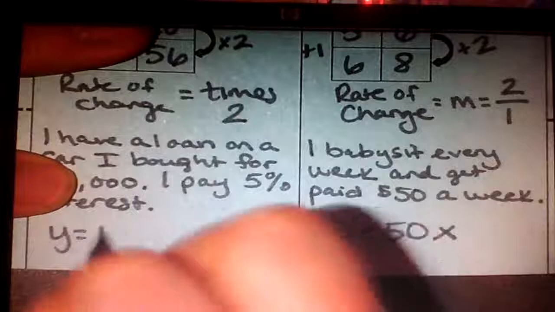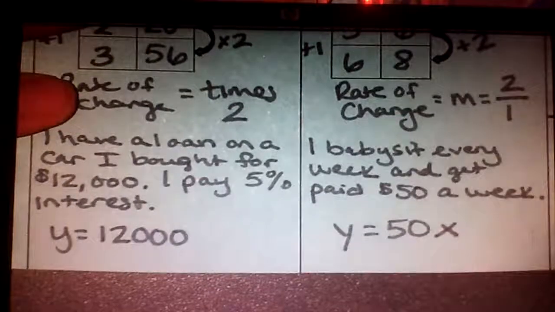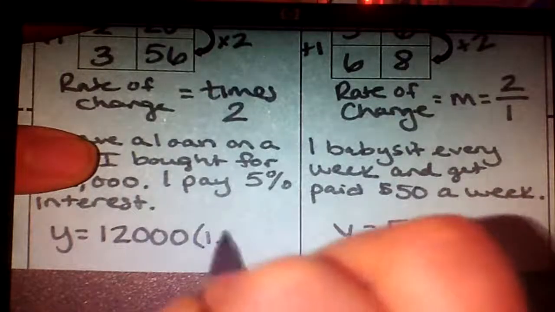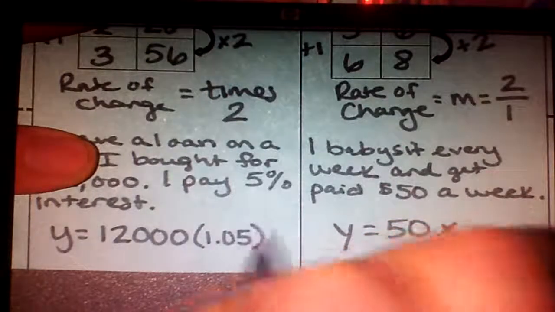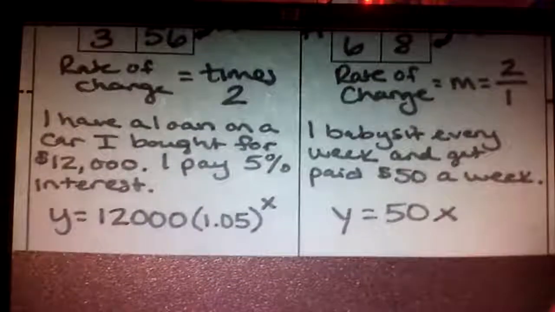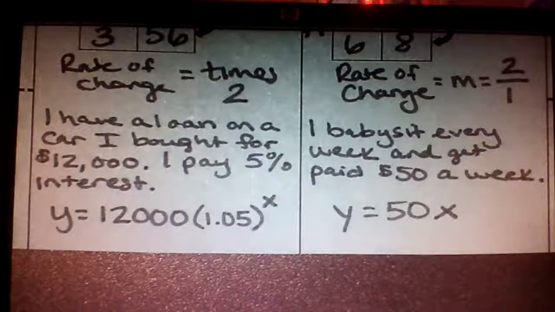Y equals 12,000, because that's my initial, that's what I paid originally. And your base is going to be 1.05 raised to the x. So this is the equation that would go along with this word problem. Can anybody figure out why my base is 1.05?